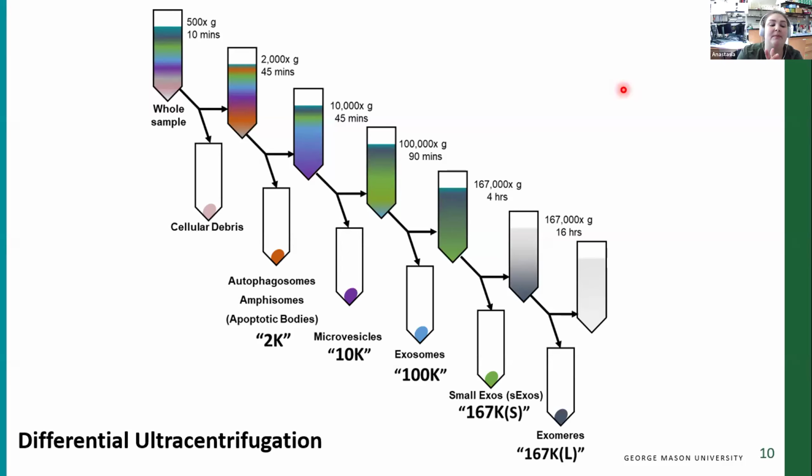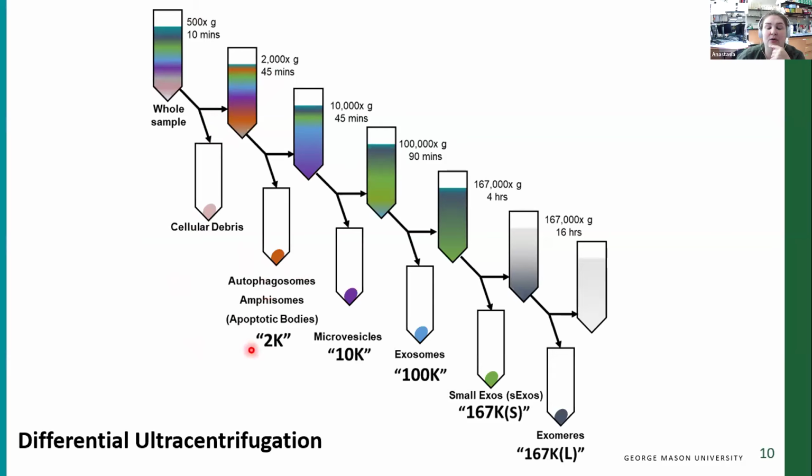And so to look at the different populations of EVs, we use differential ultracentrifugation, in which you have your cells, in this case HIV-1 infected monocytes, grown in large volumes up to 25 mLs, and spun down at 500 G to get our cells. The supernatant from those cells was then transferred to another vial and spun at a higher 2000 Gs.